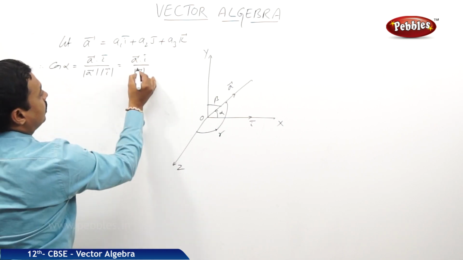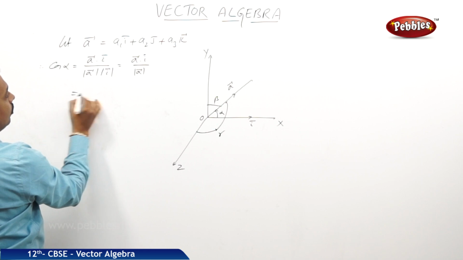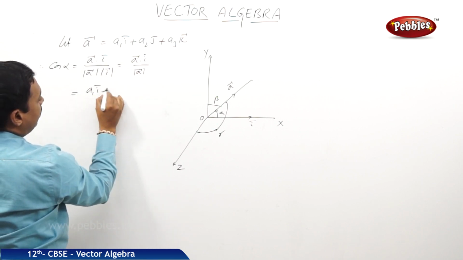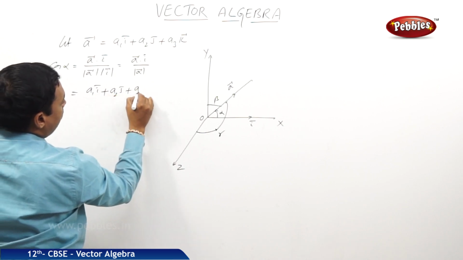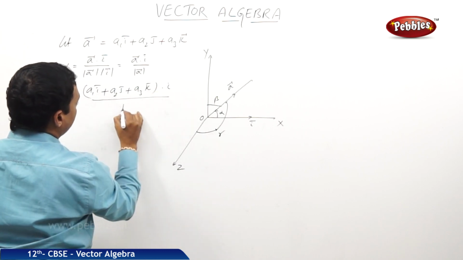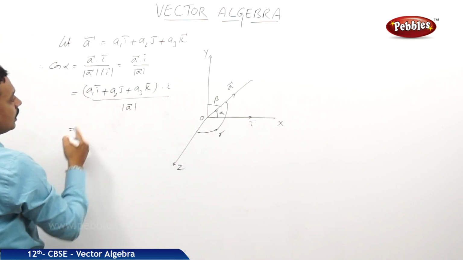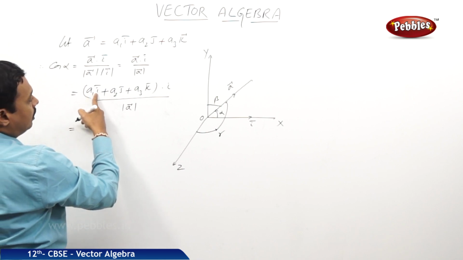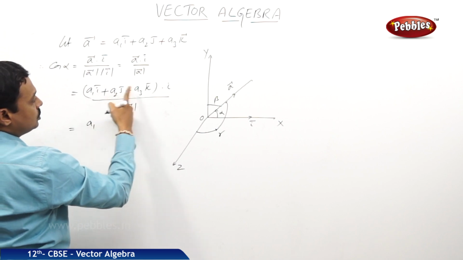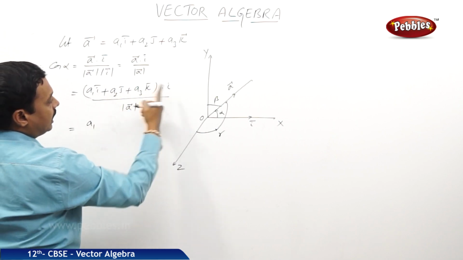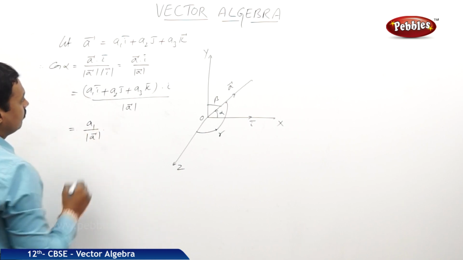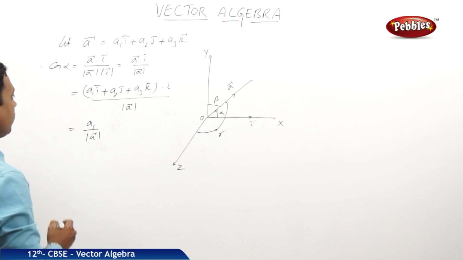Now, A dot I is equal to A1 i vector plus A2 j vector plus A3 k vector dot I by mod A. Now, A1 i dot i is equal to 1, A2 j dot i is 0, A3 k dot i is 0. Therefore, it is A1 by mod A. You know, cos alpha is equal to A1 by mod A.